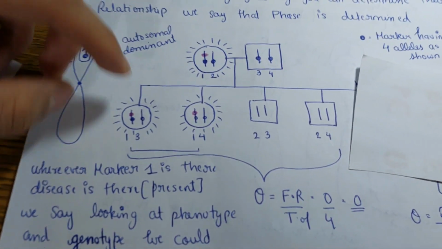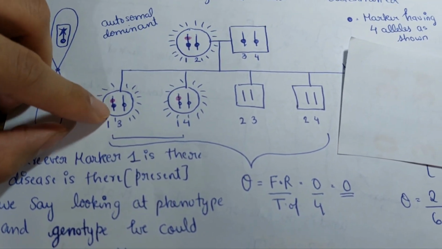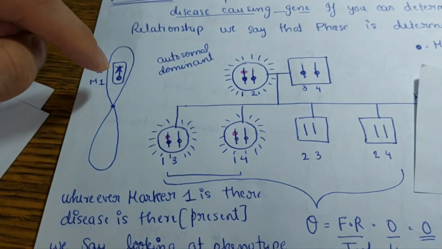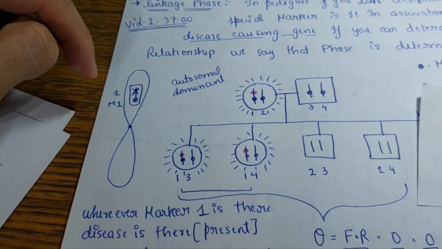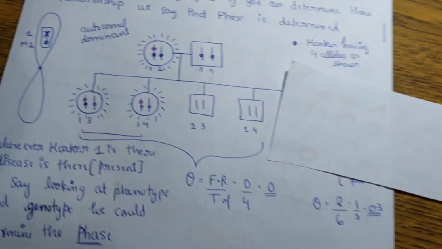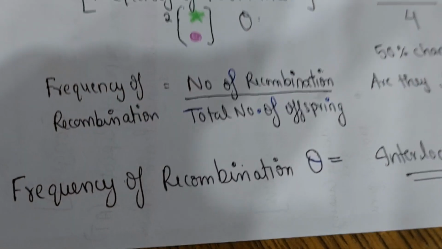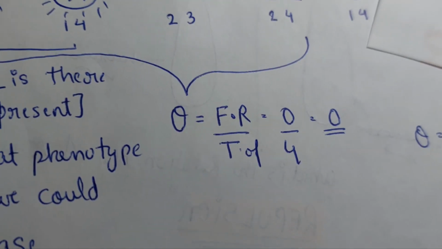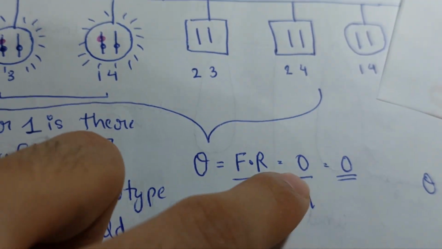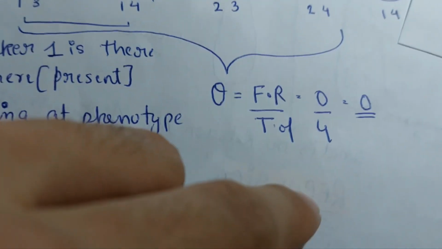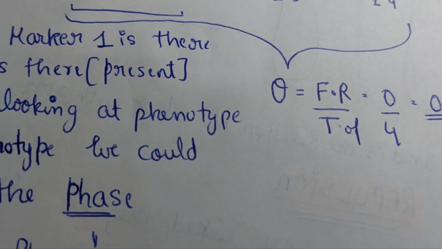This means that allele 1 of the marker is very closely linked to the disease-causing gene. Now if we want to calculate theta, the formula is frequency of recombination equal to number of recombinations divided by total number of offspring. Here we had no recombination, so it's 0 divided by a total of 4 offspring. Therefore theta is 0.